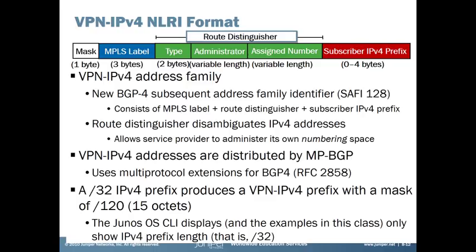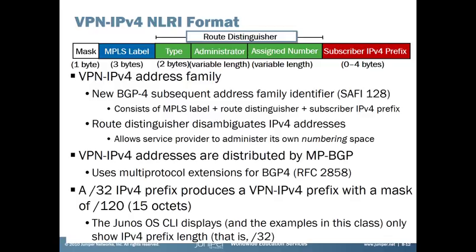So this is going to provide some information that we're going to add into our label switch path that is going to control the actual forwarding of traffic once the traffic gets into the label switch path.